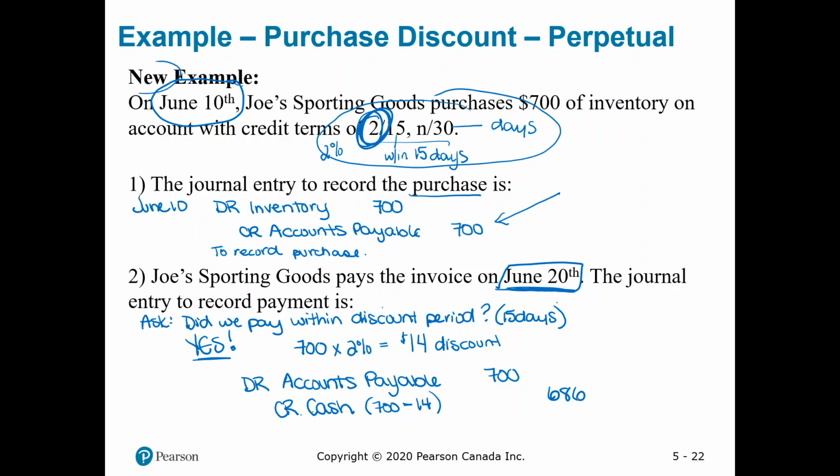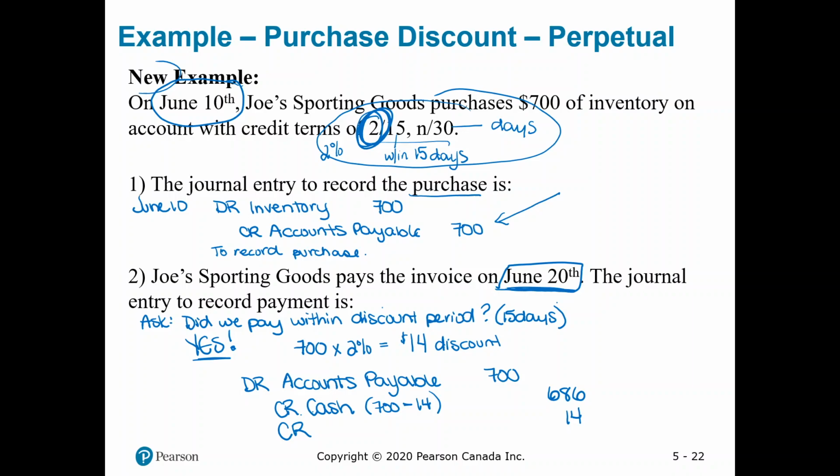So that's the discounted amount. So is our journal entry done here? Well, we know our debits need to equal our credits, and we do not have that. So we can tell that we still need a credit for $14. So that is the discount amount.